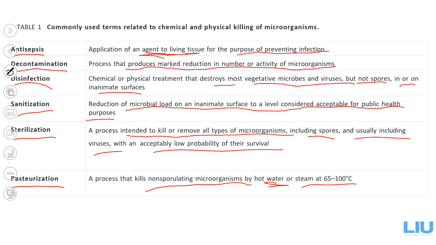Hey Siri, what is vegetative microorganisms? Vegetative microorganisms are the growing forms of bacteria that form endospores. Okay.